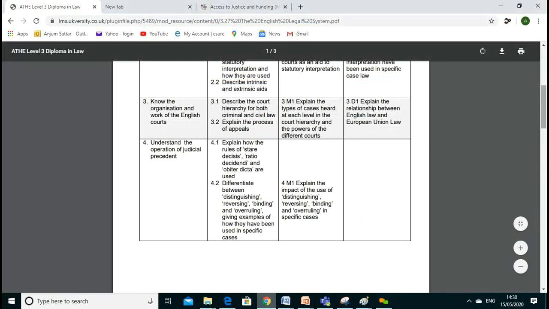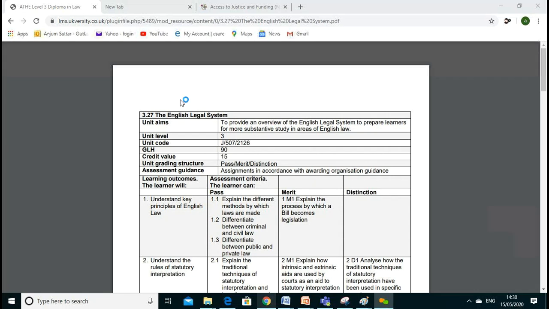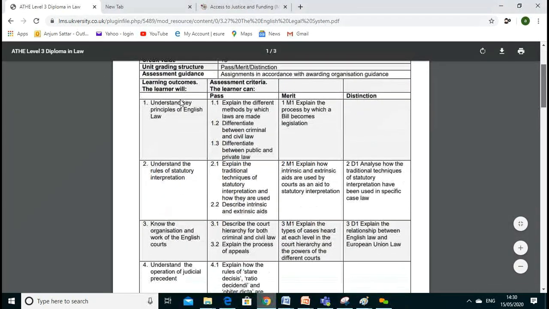Before starting our lesson, first of all, we recap what we learned in the previous lesson. Anything you remember from the previous 3 lessons? The difference between civil and criminal law. Well done.